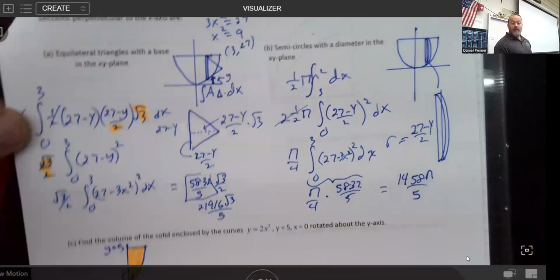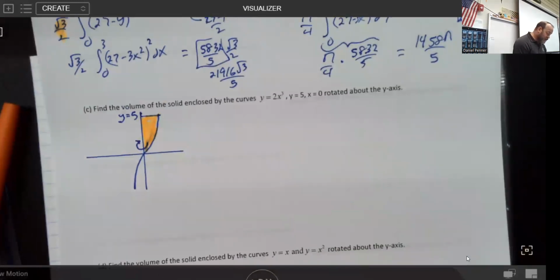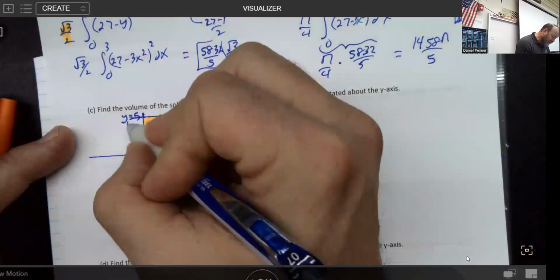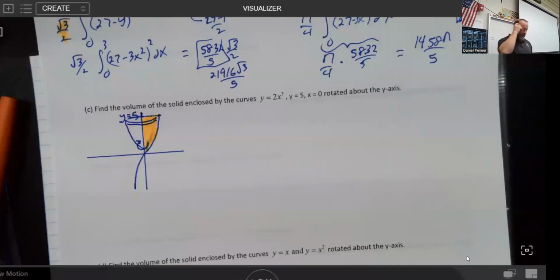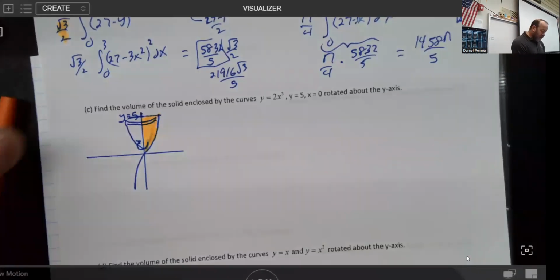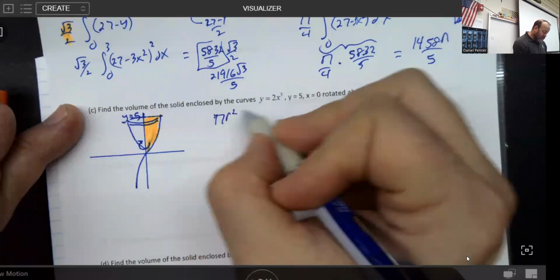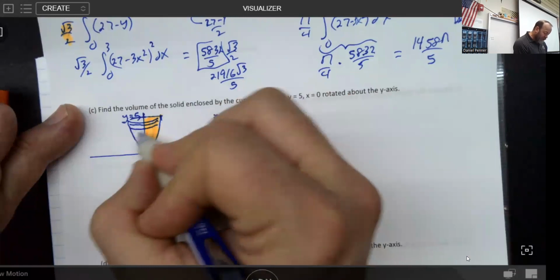Now, letter C is actually, I think, a little bit more of a straightforward question because there's going to be no subtraction or anything, no craziness. It's just a simple thing that kind of looks like a vase or something like that, okay? So we're going to do pi r squared dy because our little pieces are going in the y direction as I bring them all together.